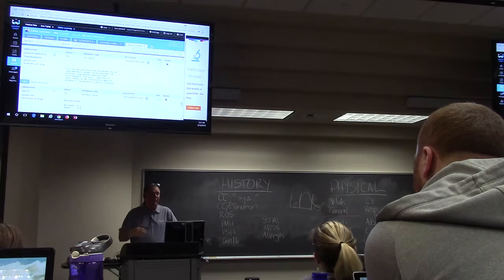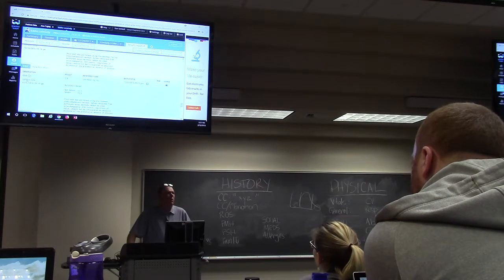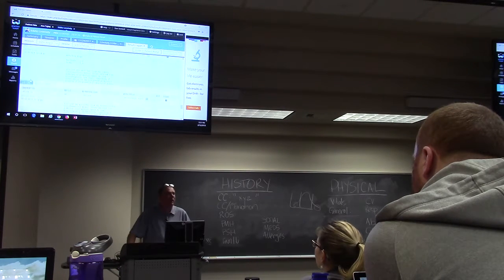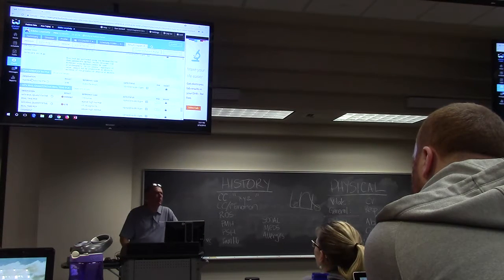An increased prevalence of hepatocellular carcinoma. So they're looking at tumor markers: alpha-fetoprotein, carcinoembryonic antigen, CEA, and CA125. These are different proteins that are expressed by tumors. Okay? They're all negative. That's good.